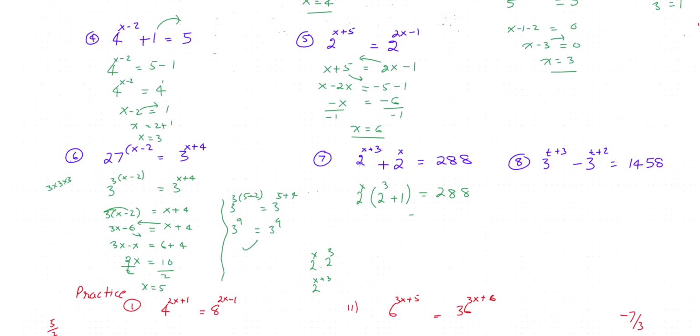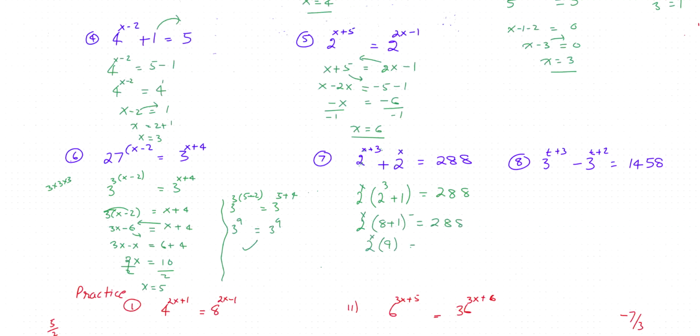Okay. So now we can solve for x. So 2 to the power x, and this becomes 2 to the power 3 is 8 plus 1 equals 288. So 2 to the power x times 9, 8 plus 1, 9 equals 288.